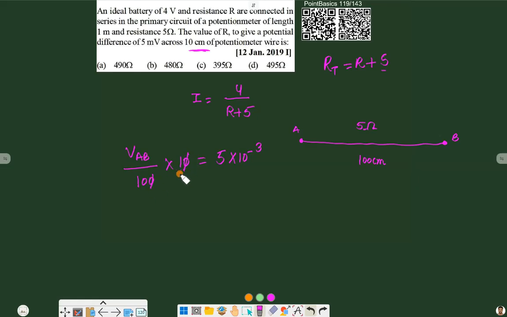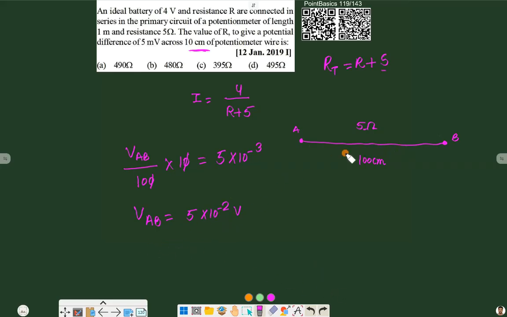Adjusting these values, we get VAB, the potential across the wire, equal to 5 into 10 raised to power minus 2 volts.